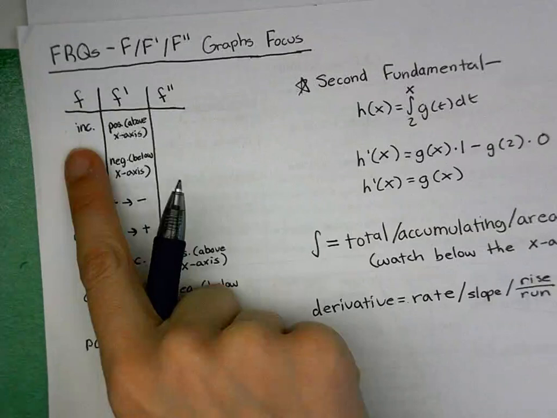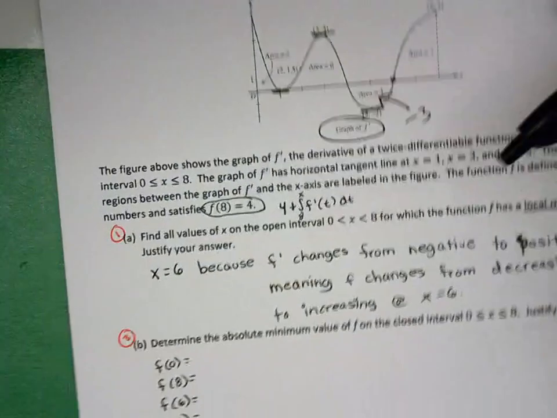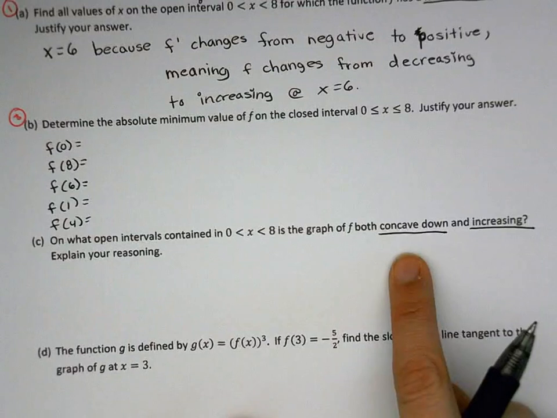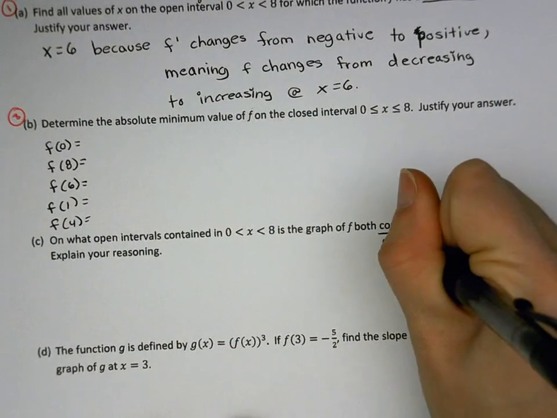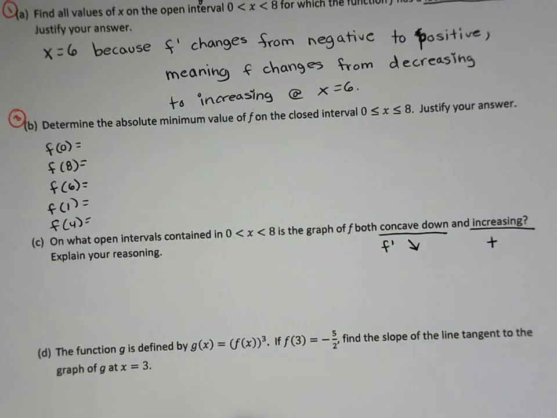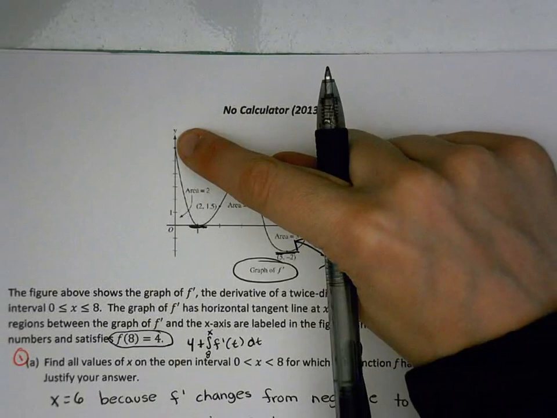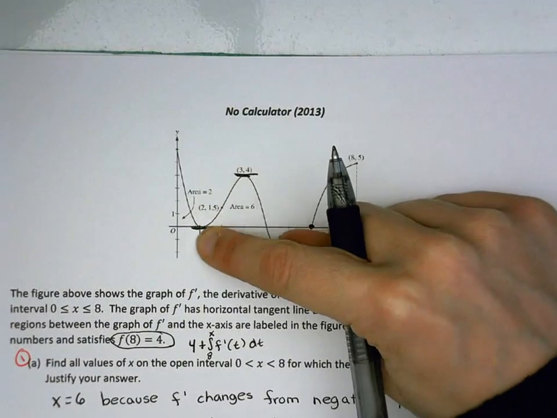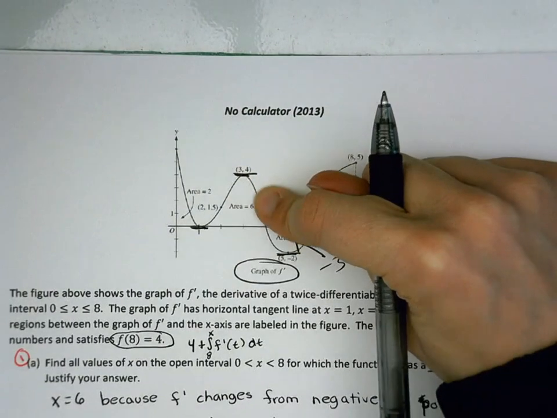Well, f increasing means f prime is positive, above the x-axis. So when they're asking us where is f both concave down and increasing, they're asking where is f prime decreasing and positive. Well, f prime is decreasing and positive from 0 to 1 and 3 to 4.